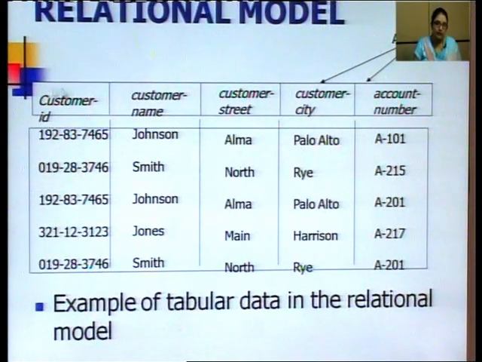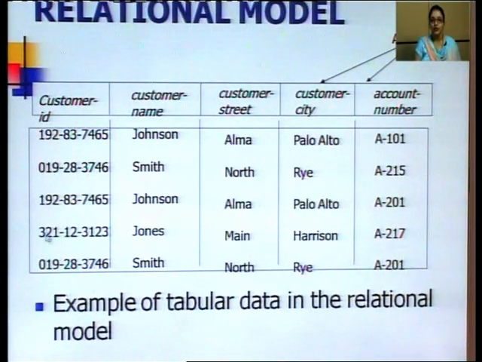When a particular attribute has a particular set of values, this is known as the domain of the table or a relation. In a relational model, you can also denote a table as a relation. So, customer ID has all these 1, 2, 3, 4, 5 values.